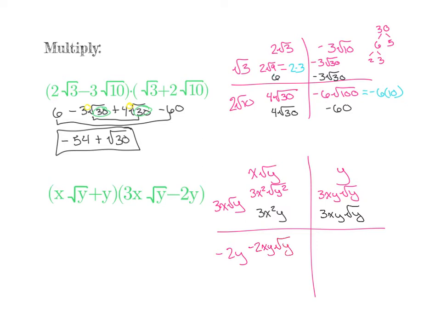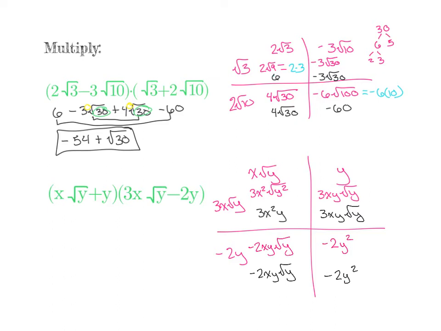Really the order doesn't matter, it's just in math we typically write things in alphabetical order. And again, this one doesn't simplify because that radical is not going to simplify. So it's going to stay that right there. And then we have negative 2 and y times y, which gives us y squared. So this one also doesn't simplify. So we have negative 2y squared.